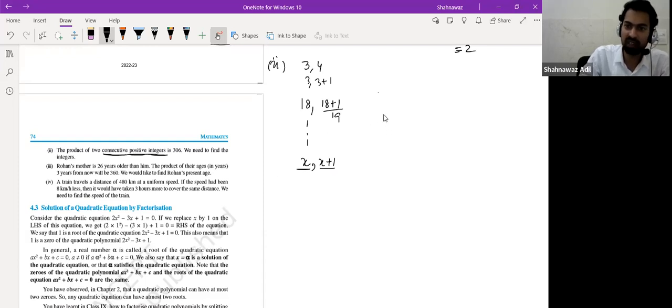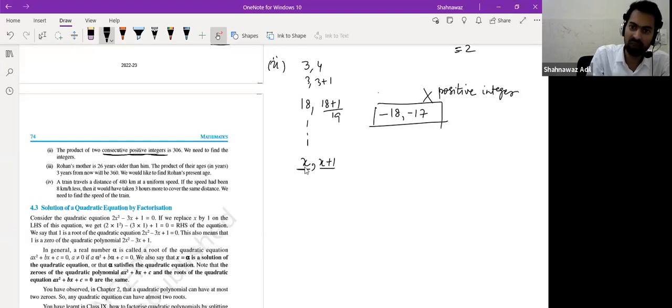If I get, let's say, minus 18, the next number would be minus 17, but this is not a positive integer, it is a negative integer. So in here the value of x would only be positive. So these are the two numbers, x and x plus 1.